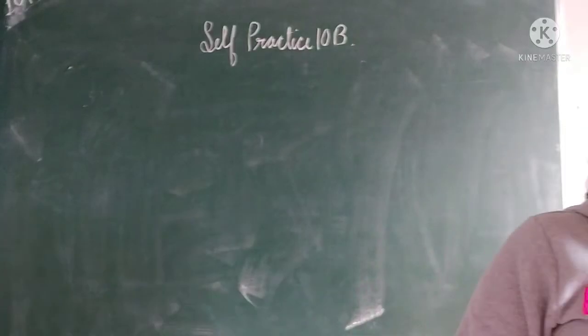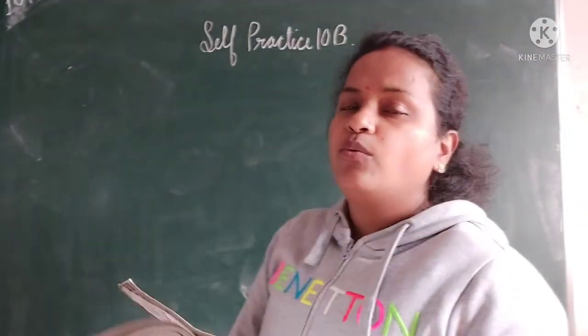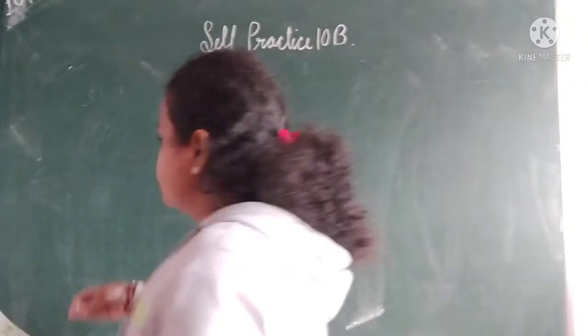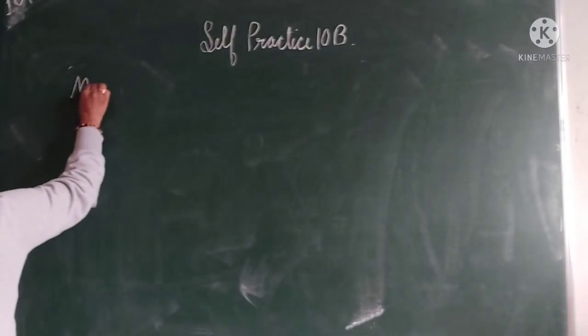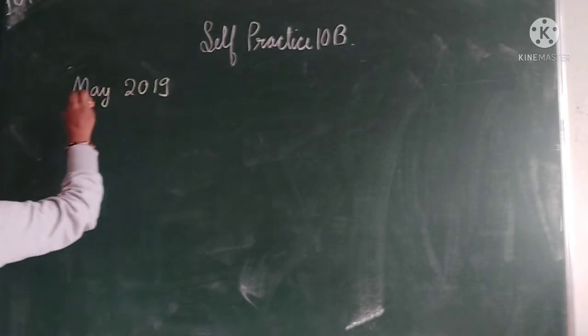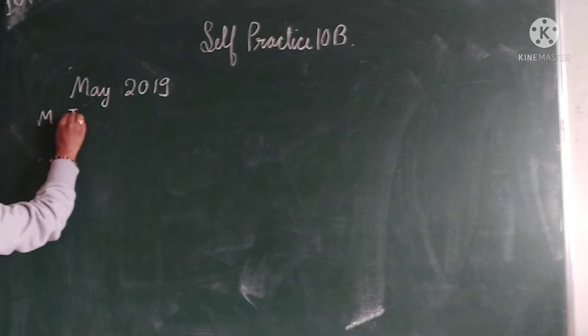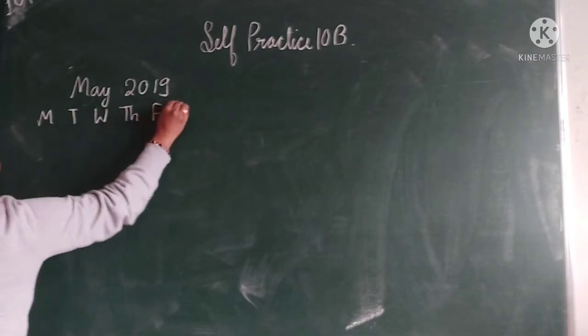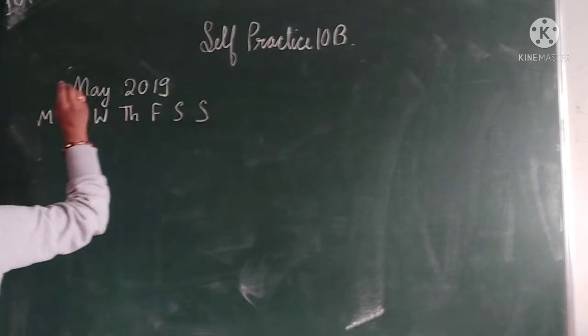Now see here, in the first question, a 1 month calendar is being made, correct? So that is of May 2019. Now Monday, Tuesday, Wednesday, Thursday, Friday, Saturday, Sunday.